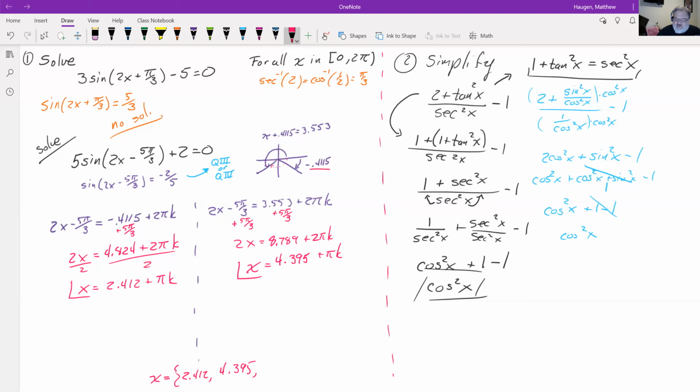So for both cases, k equals 0 generates a solution in our interval. So that's nice. K equals 1 here would be 4 plus pi, so that would be 7-ish. So that's too big.